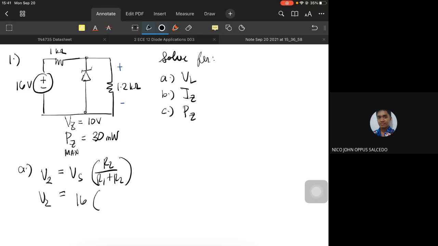16 times 1.2 over 1.2 plus 1. How much is that? 1.2 over 2.2, which is 8.73 volts.